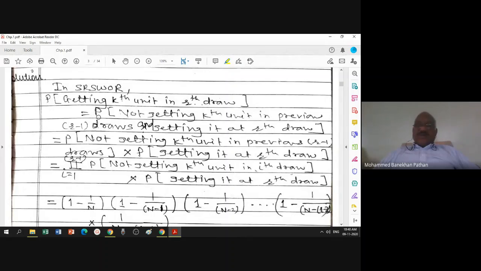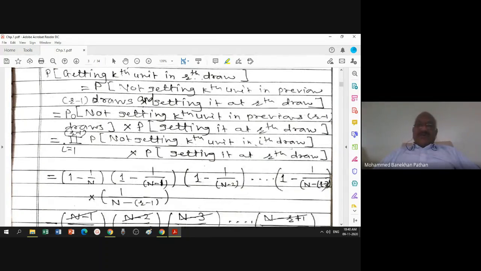It is equal to the probability of not getting the kth unit in the previous r-1 draws, because my method is without replacement. That means the kth unit selected at the rth draw was not selected up to r-1, and gets selected at the rth draw. So this statement and this statement are equivalent, that's why I put the equal sign.